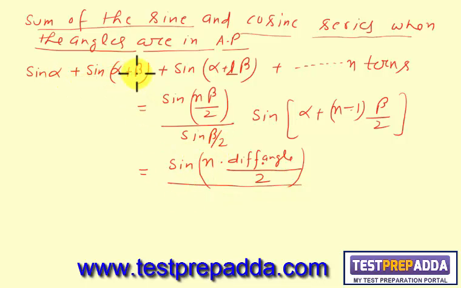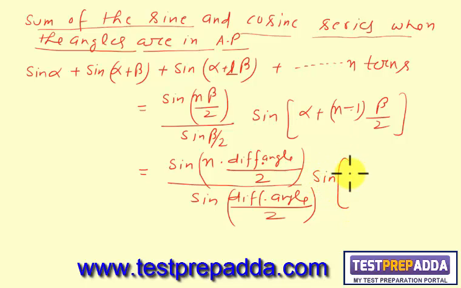You can see alpha plus beta. What is the beta? Difference of angles. So here you can write sine difference of angle by 2. Okay. And here inside the bracket, if you open this, you can find it as first angle plus last angle upon 2.